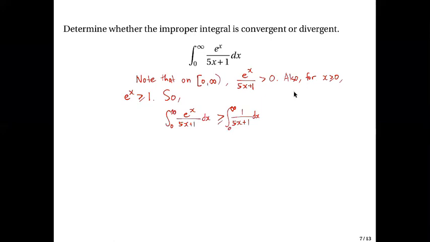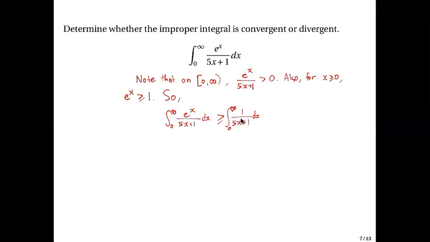We will show that this one is divergent, and therefore the first must also be divergent. Take note that this one is positive, because 1 over 5x plus 1, where x is from 0 to plus infinity, is a positive number.